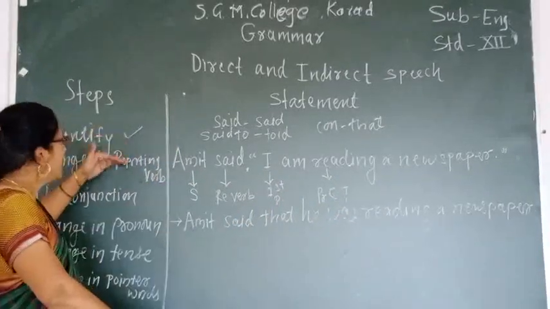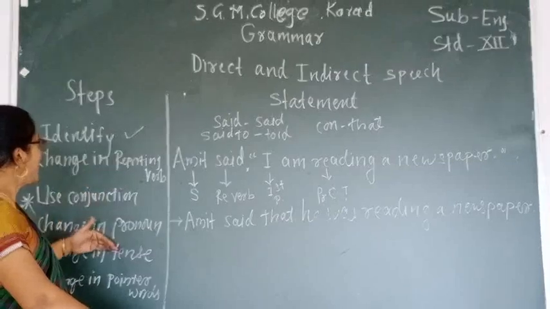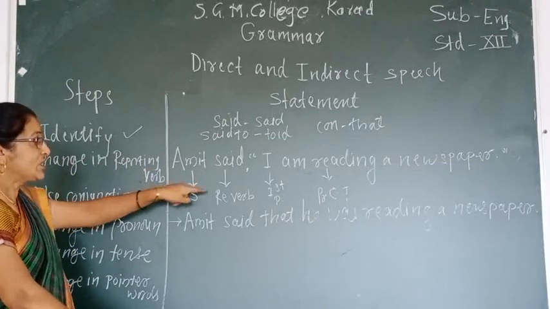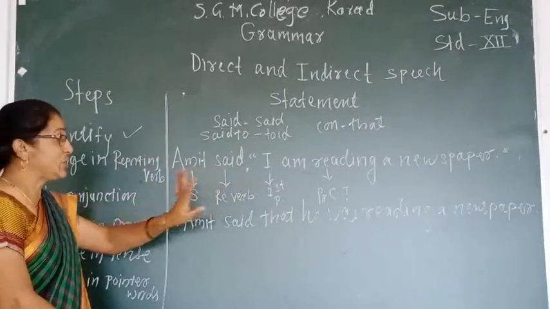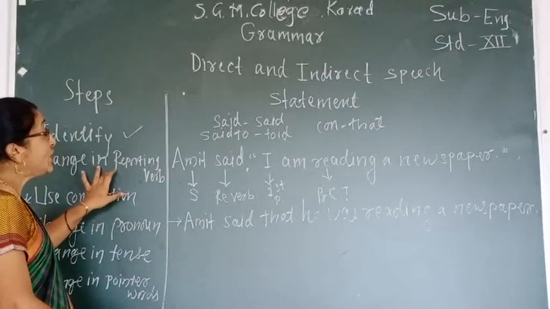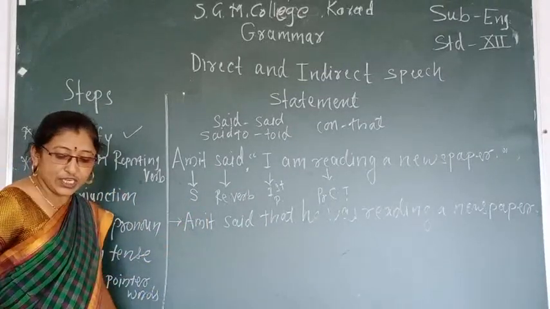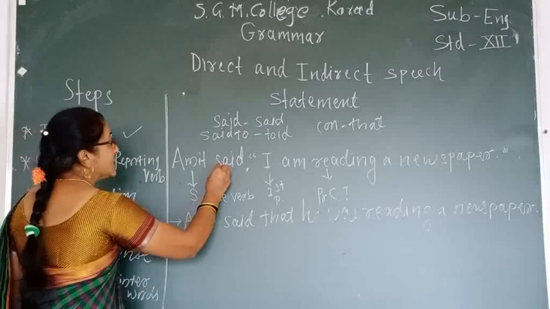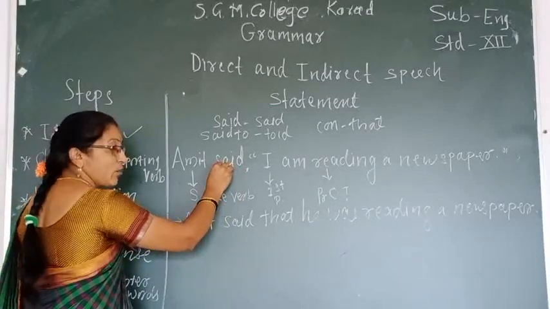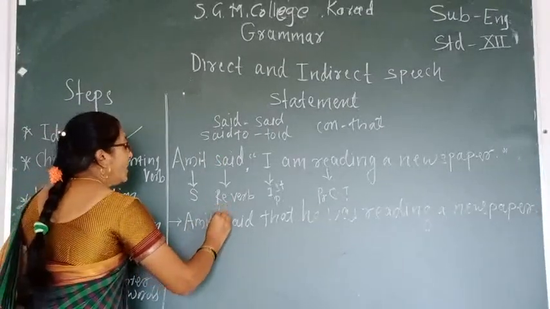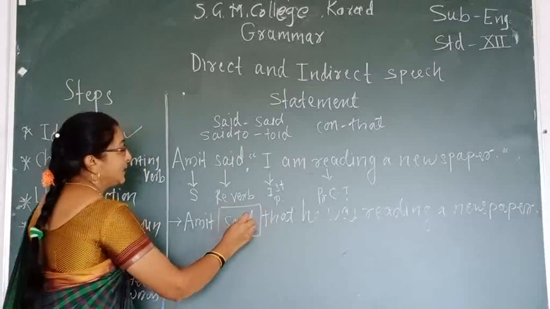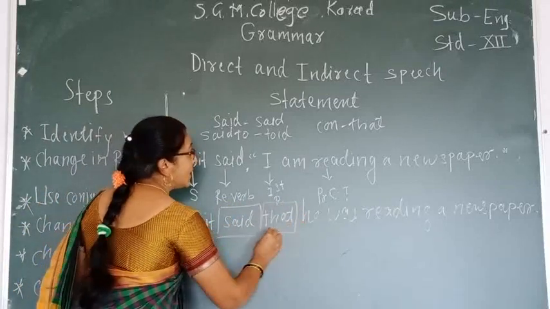Means one by one we follow these 6 steps. First we identify subject, reporting verb, tense, pronoun. Then change in reporting verb: instead of said, we use it as it is. Then we use the conjunction that.